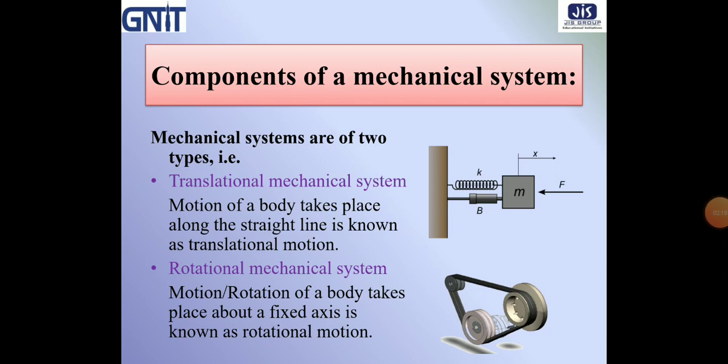In translational mechanical systems, motion of a body takes place along a straight line. That is, the mass is moving along a straight line. But in rotational mechanical systems, rotation of a body takes place about a fixed axis.